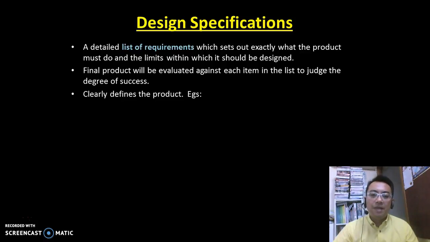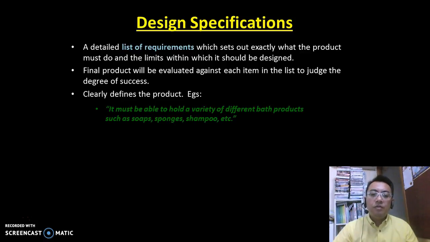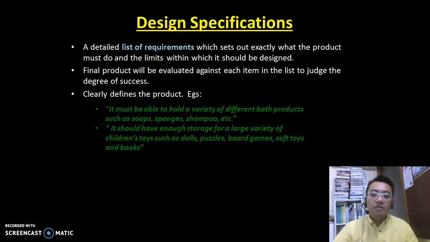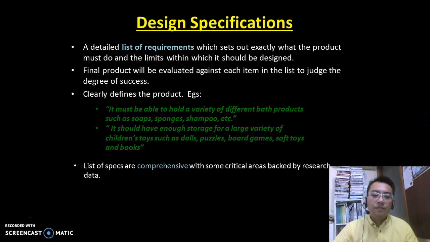Examples of design specs are, it should be able to hold a variety of different bath products such as soaps, sponges, shampoo, etc. It should have enough storage for a large variety of children's toys such as dolls, puzzles, board games, soft toys, and books.